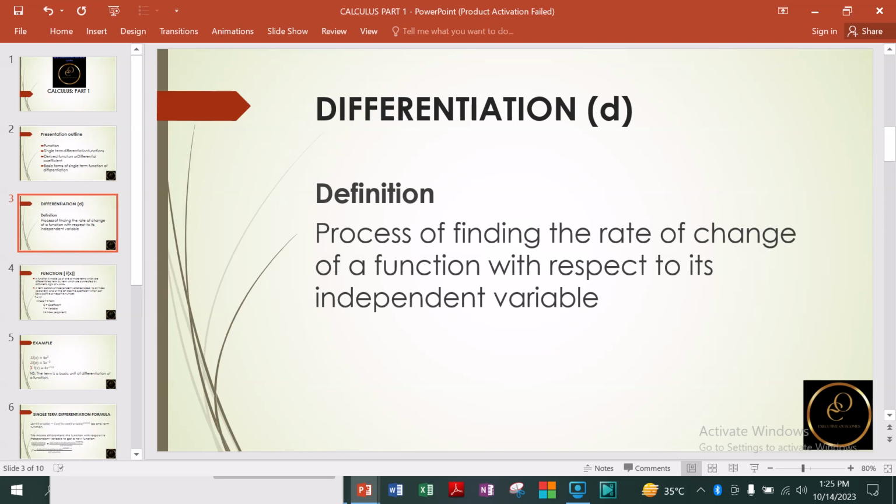So in this particular regard, we are looking at calculus as the study of continuous change. Just like we know that geometry is the study of shape, or algebra is the study of generalization of arithmetic operations. So let's run with this particular definition relating to differentiation.